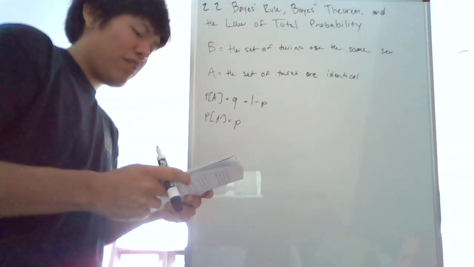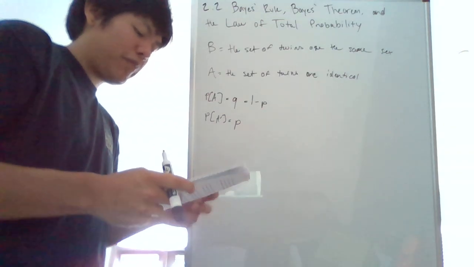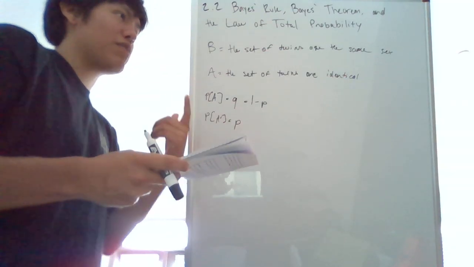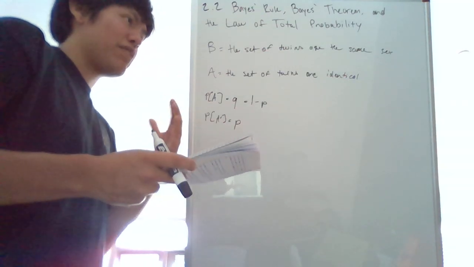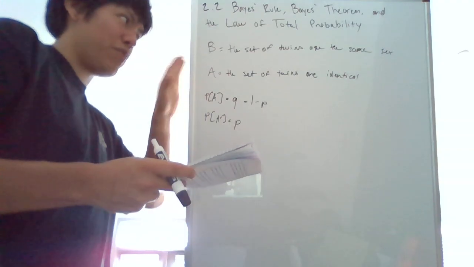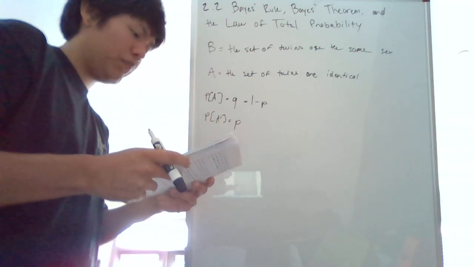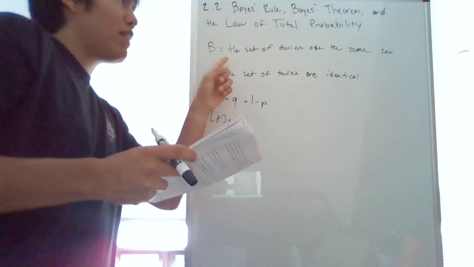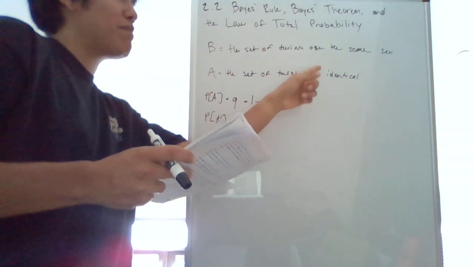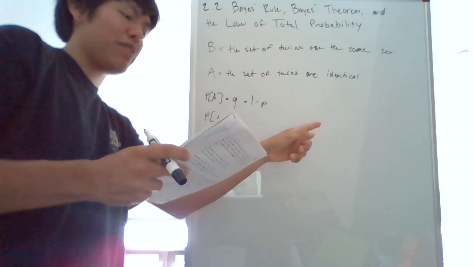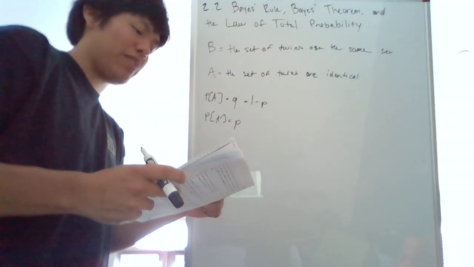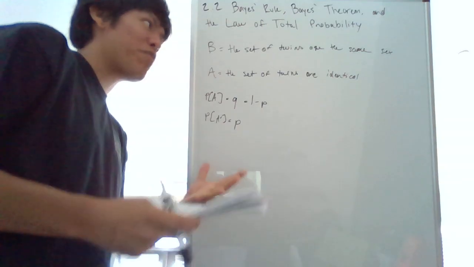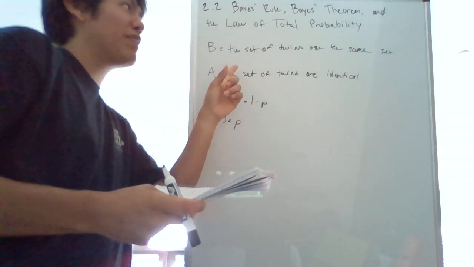So what about the probability of B given A? Because that is also one that we were asked to find in the previous question, which we could do here as well. What is the probability that the set of twins are the same sex given that they are identical? Well, if we go back to the question, identical twins are the same sex. So there's a 100% chance that that is true.